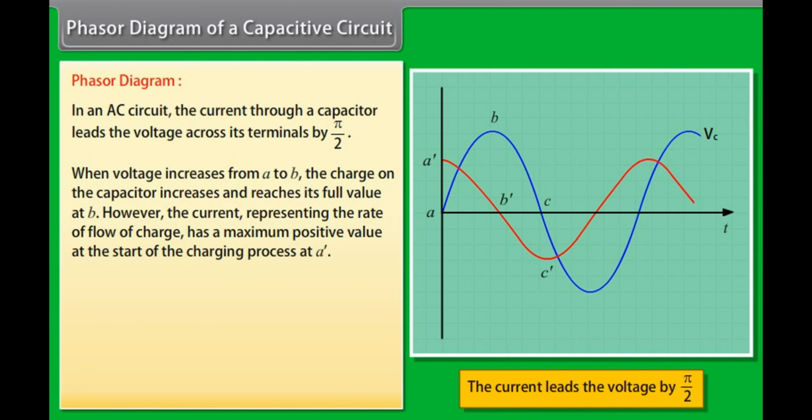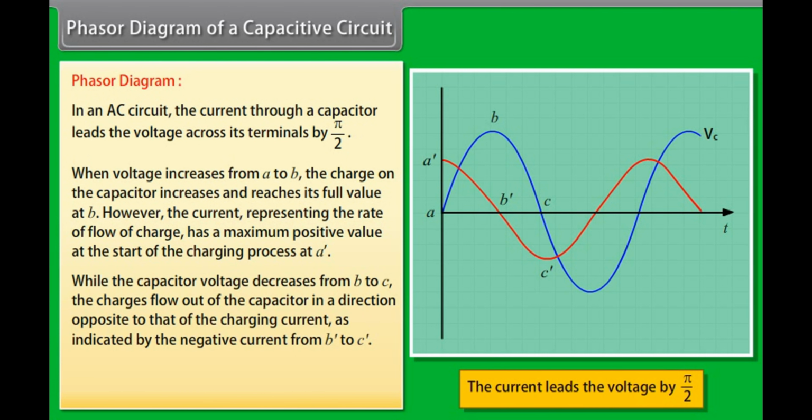When voltage increases from A to B, the charge on the capacitor increases and reaches its full value at B. However, the current representing the rate of flow of charge has a maximum positive value at the start of the charging process at A', while the capacitor voltage decreases from B to C. The charges flow out of the capacitor in a direction opposite to that of the charging current, as indicated by the negative current from B' to C'.